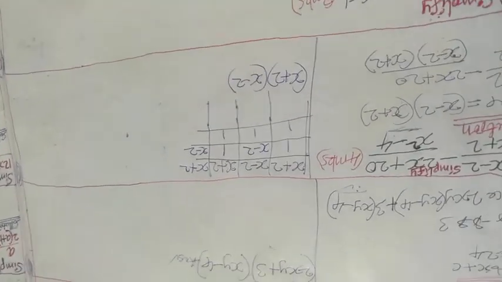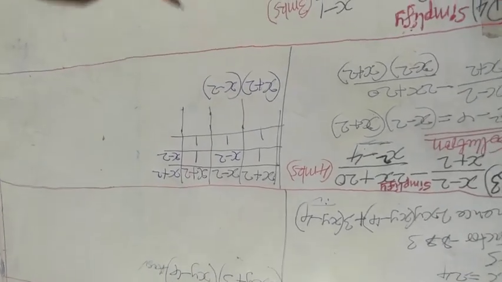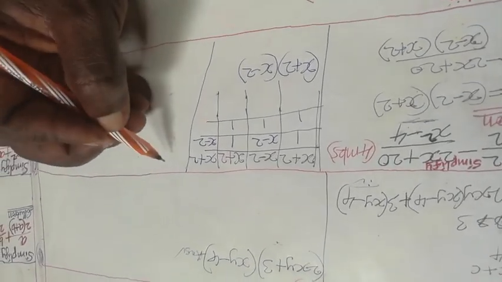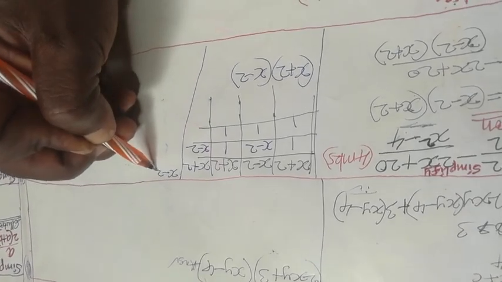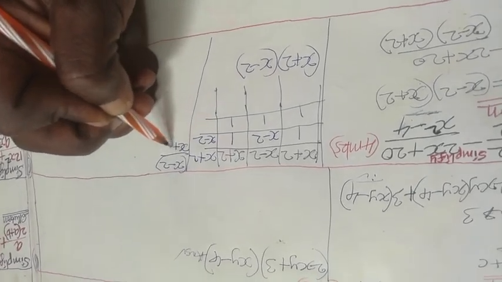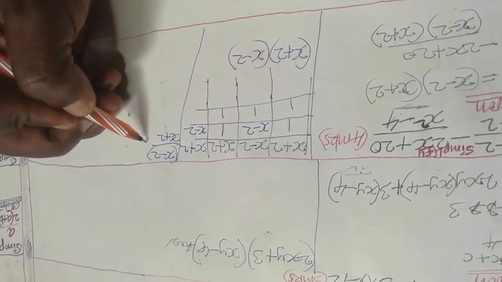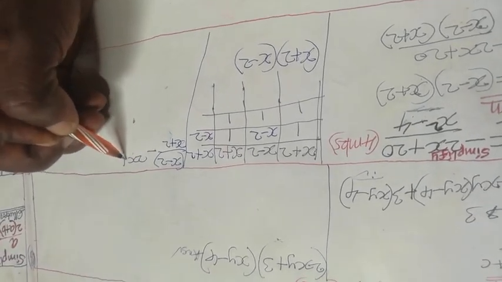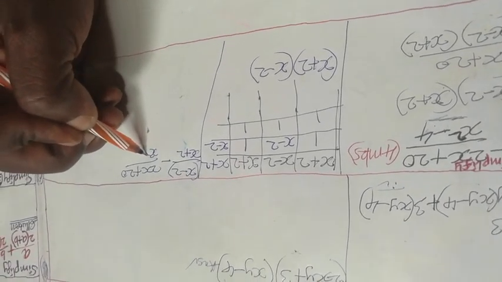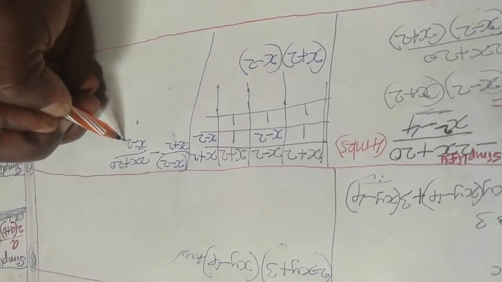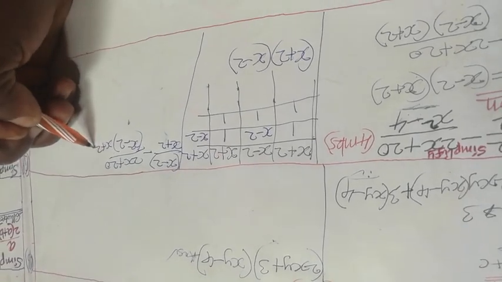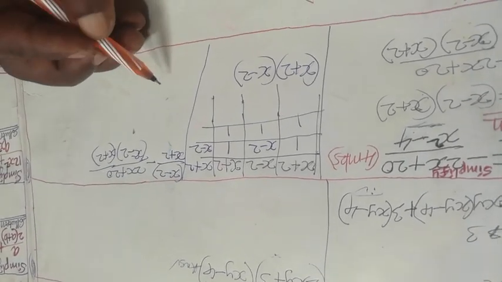After getting the LCM, we say x minus 2 into brackets x plus 2 all minus 2x plus 20 over x squared minus 2 into brackets x plus 2 into brackets.